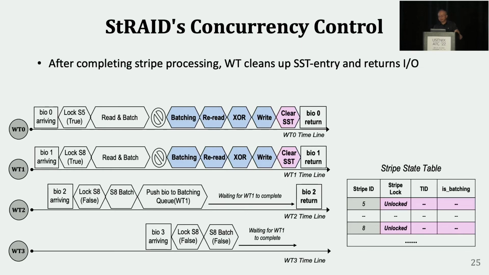Finally, the dedicated worker thread 1 clears up the stripe states in SST and releases the stripe lock. The corresponding waiting thread WT2 will also return successfully.